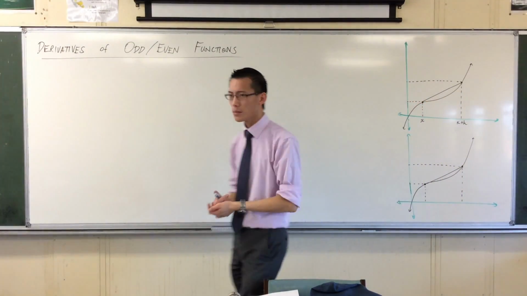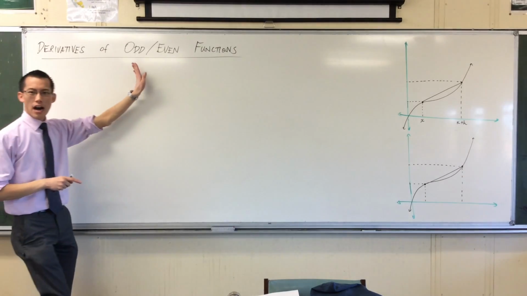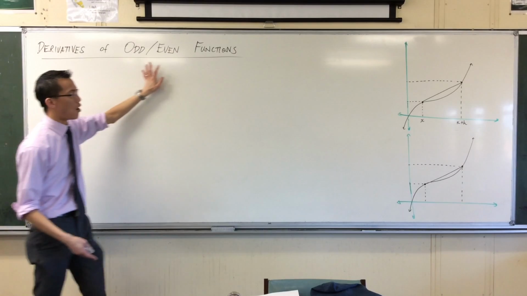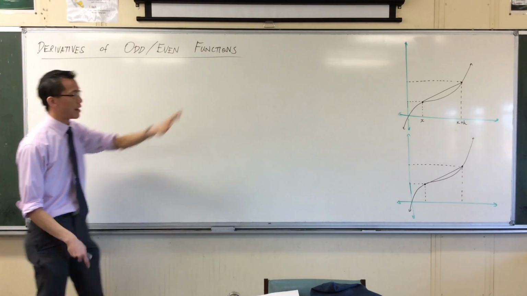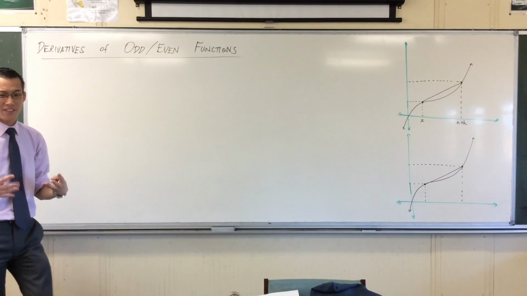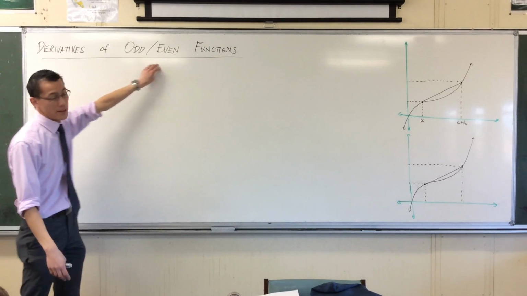So what you've noticed is that there are functions with odd and even symmetry. I just call them odd and even functions. At the moment, all that we've been dealing with is polynomials, so it's just polynomials of odd and even powers.